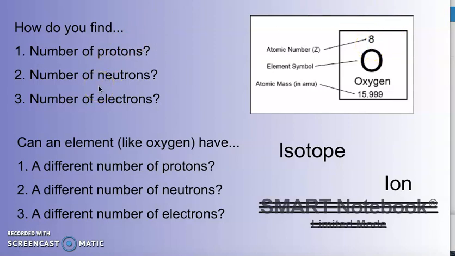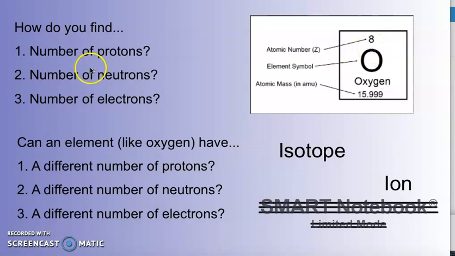How do you find the number of neutrons? Subtract the atomic number from the atomic mass. In this case, it rounds to 8. How do you find the number of electrons? Yes, you can say that it is the same as the atomic number, though in reality you do have some slight variations.